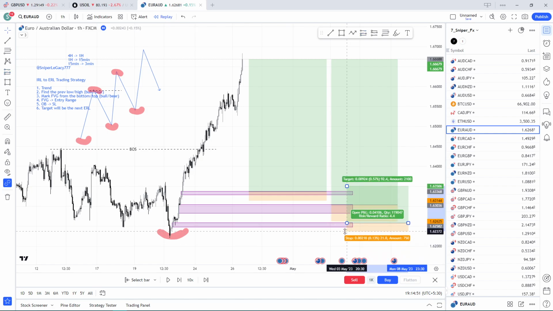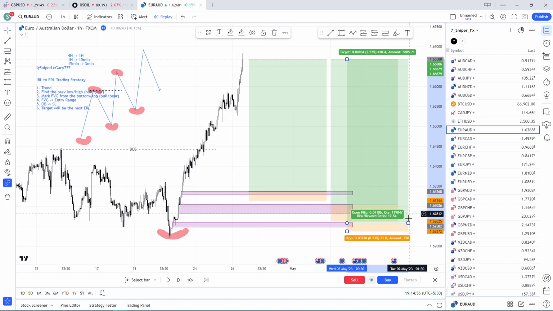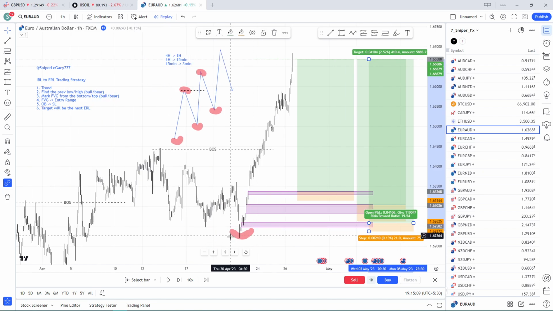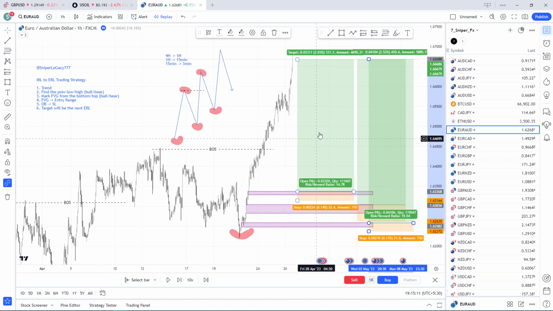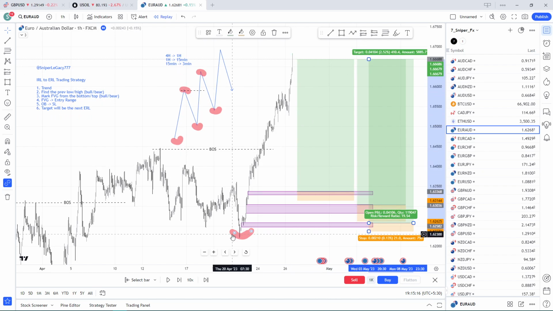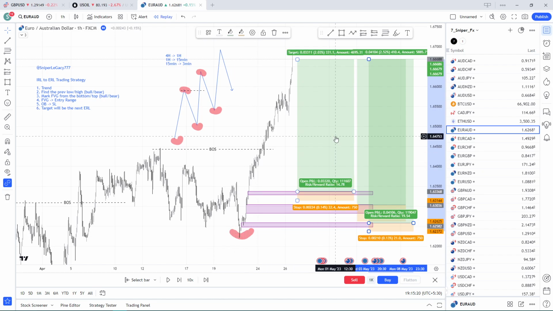Okay, so SL below OB, target the ERLs, and we have 1:20. I know, guys, I know this seems like a dream, right? But the thing is that the price has to come to this range. Okay, so we know that this is our low, and whatever internal structures happen here will be only minor trend. Okay, only after this low breaks will we move our bias from bull to bear.